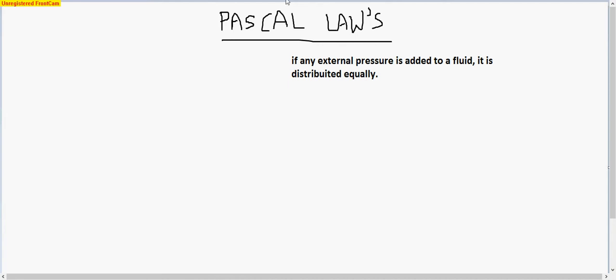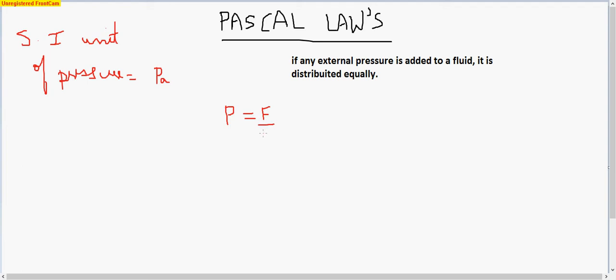Now, as you know, the SI unit of pressure is Pascal, which is represented as Pa, an uppercase P and a lowercase a. Now, what is actually 1 Pascal? As you know, pressure is equal to force by area, right?